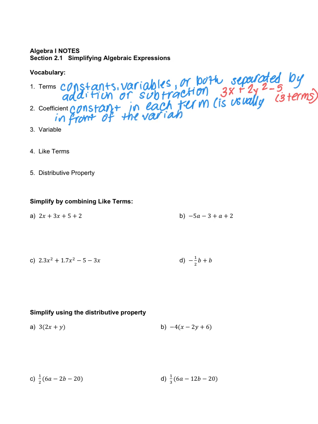And I'll do an example for this as well. So for example, if we were to have 3x plus 2y squared, our coefficient would be the 3 in front of the x, the 2 in front of the y squared, and our 5, our negative 5.